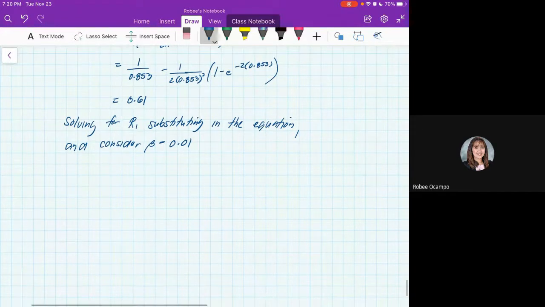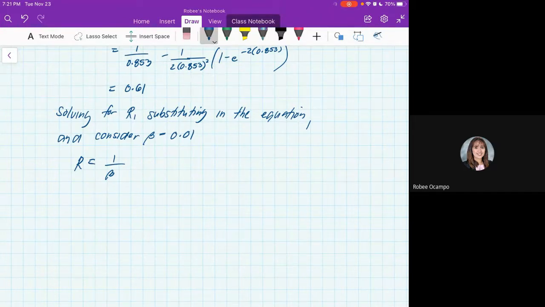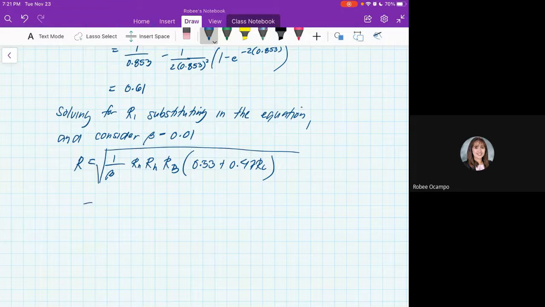Okay, so rewrite natin yung ating equation for R. So again, R is equal to the square root of 1 over beta times Rn times RH times RB, quantity 0.53 plus 0.47 RL.